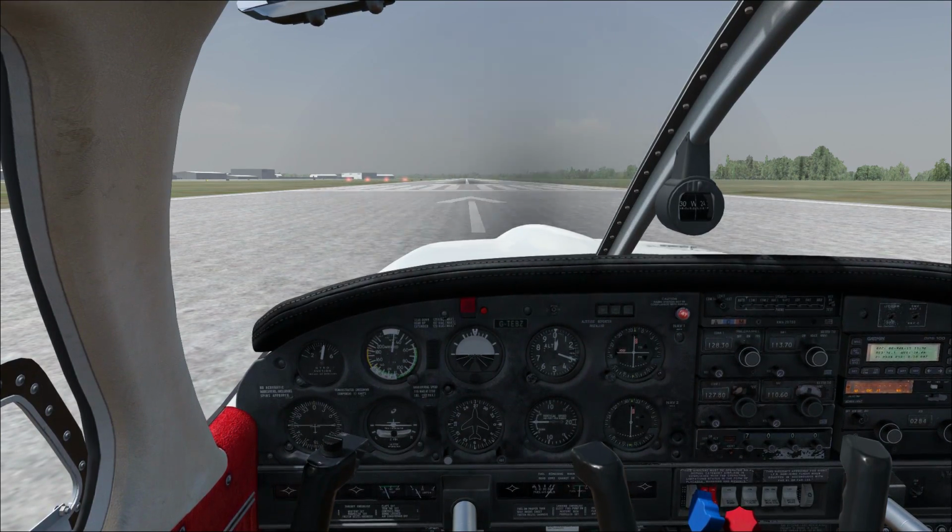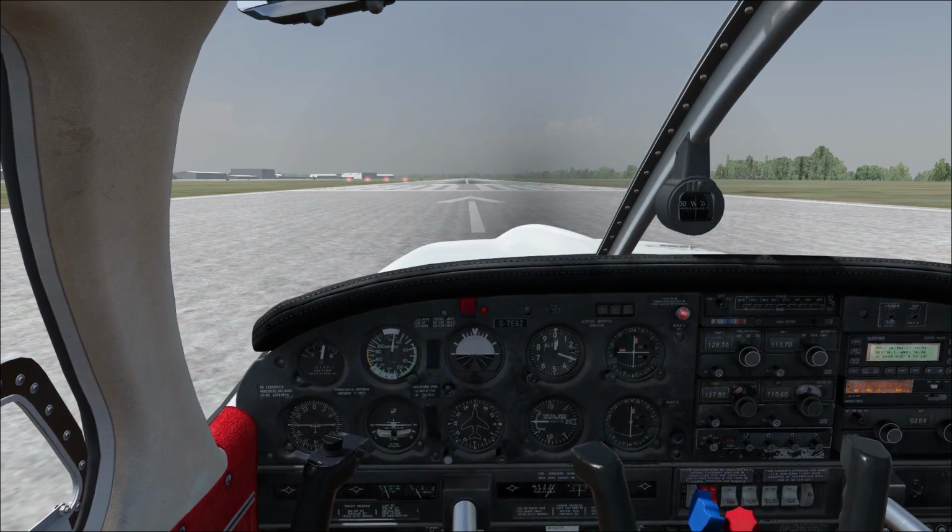I am at EGNX, that's East Midlands Airport, just as we have been for 8 of the 9 episodes so far. We're here again, but this time we are on runway 27 as opposed to runway 09. The reason is going to become very clear in a moment.